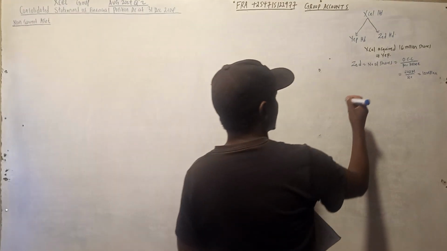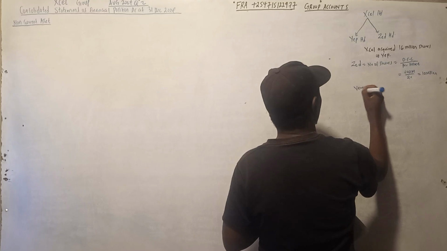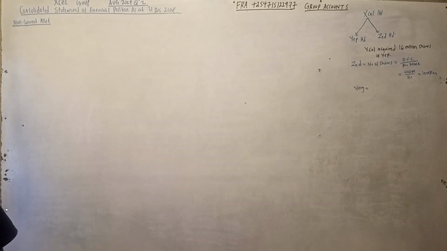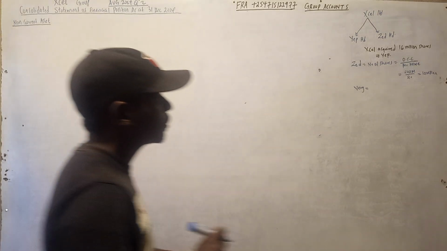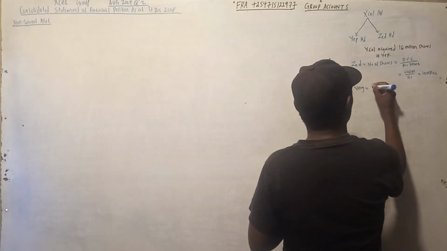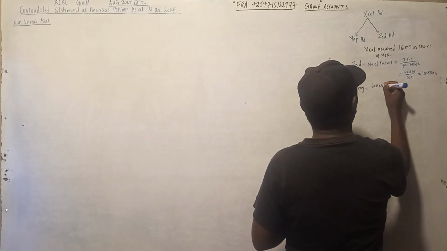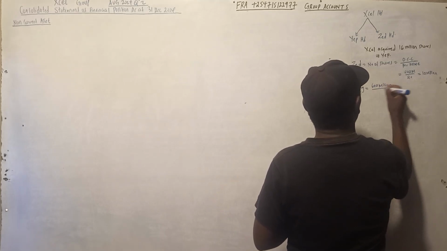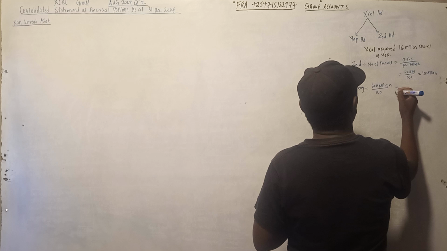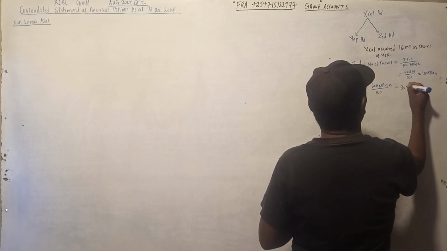Then we have YEP. The ordinary share capital for YEP is 600 million, divided by 20. That will be equal to 30 million shares.